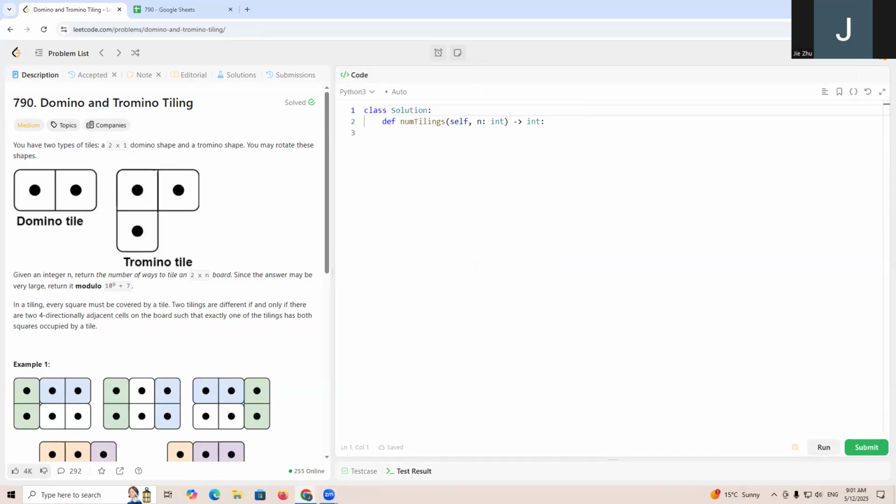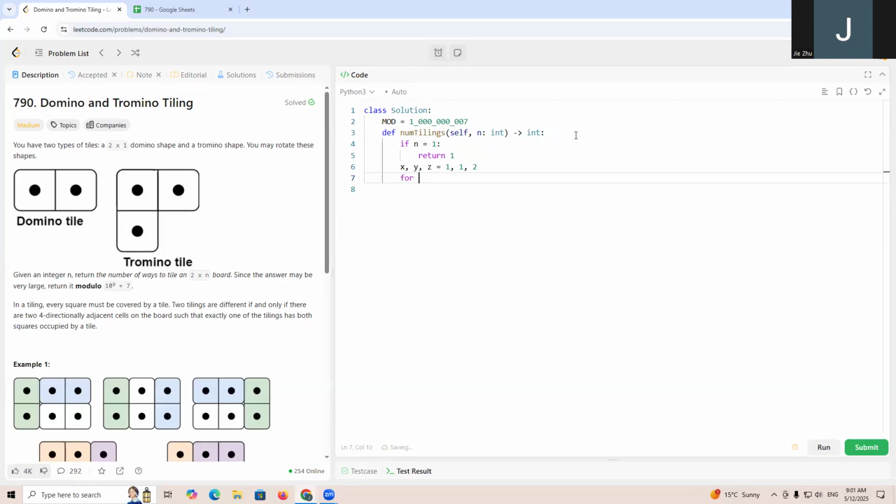Python code will be very similar. We are going to have mod equals 10^9 plus 7. We also write if n equals 1, return 1. Then we have x, y, z equals 1, 1, 2.